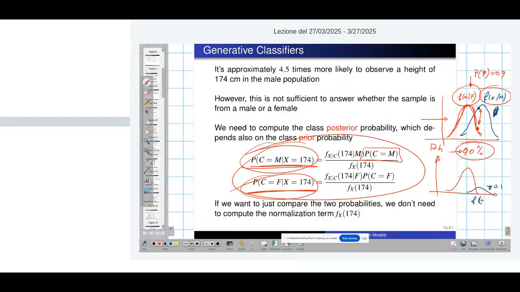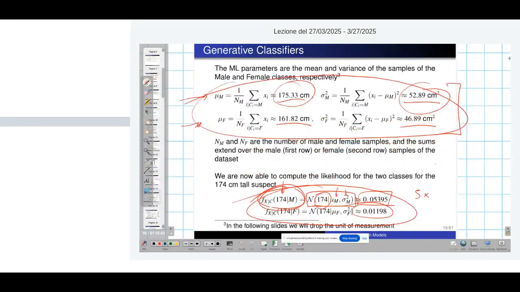This is the joint probability of some height and male class, while this is the joint probability of female and the X as height. Joint probability tells us the probability that it is both X, so 174 in our case, and male. Since males are much fewer than females in this example, I end up with more people who are 174 and female than people who are 174 and male.